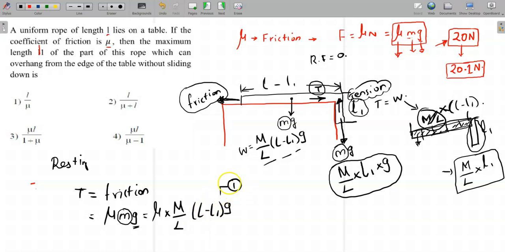This is equation number 1. The same we can apply for the hanging rope: tension is equal to the weight, mg, where the mass is m by L times L1, multiplied by g. This is equation number 2.